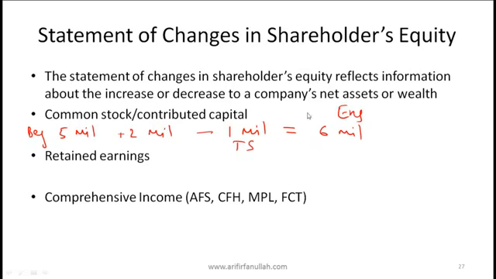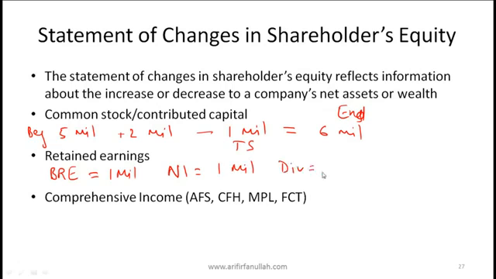Retained earnings, this refers to how much of the net income is retained. So let's say that at the start of the year, our total accumulated retained earnings, which we'll call beginning retained earnings, is let's say 1 million, and during the year the net income was also 1 million, but dividends paid out were 0.5 million.